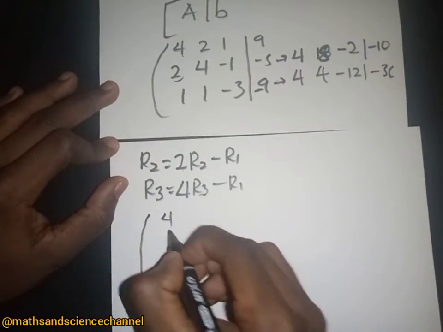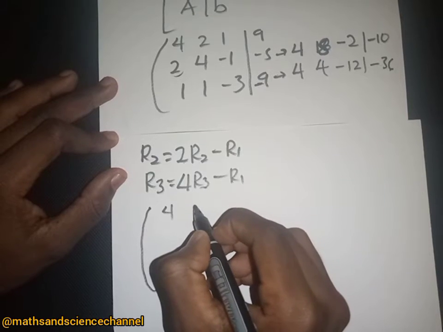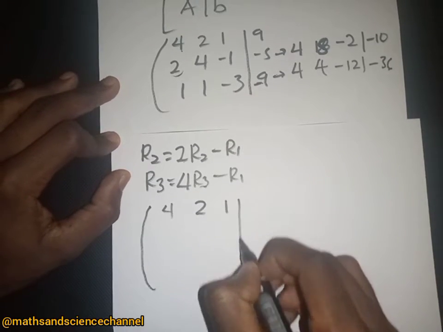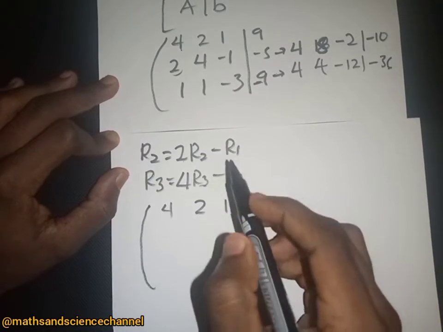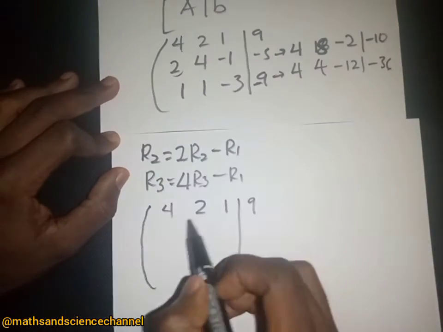For the first part, it's just going to be the same: 2, 4, 1, and 9.